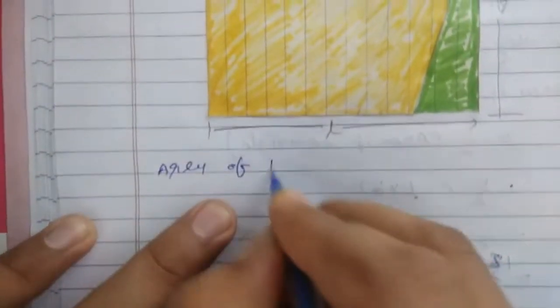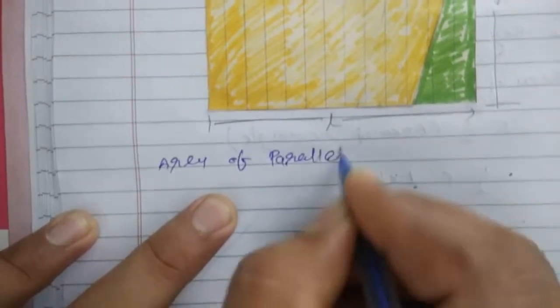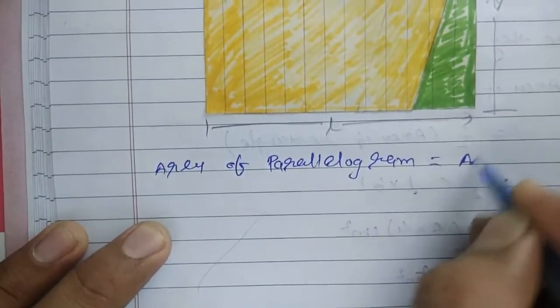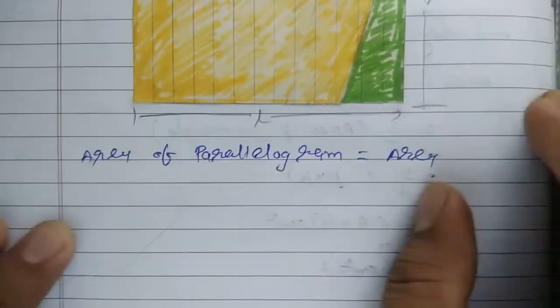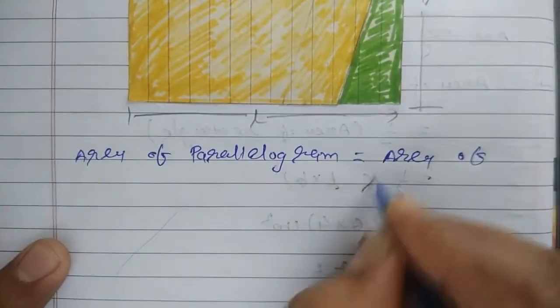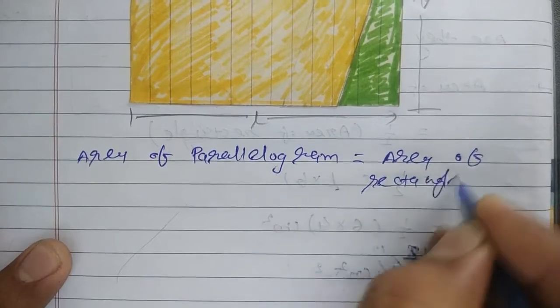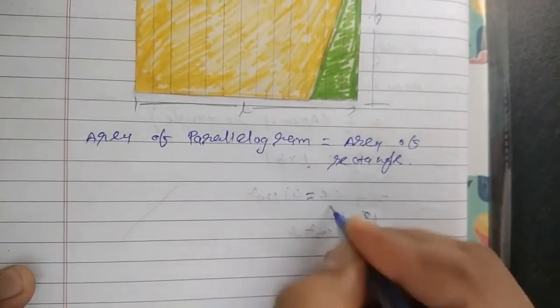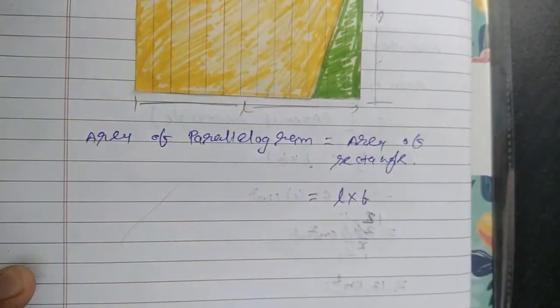So here we will write area of parallelogram is equal to area of rectangle. Now what is the area of a rectangle? That is nothing but length multiplied by breadth.